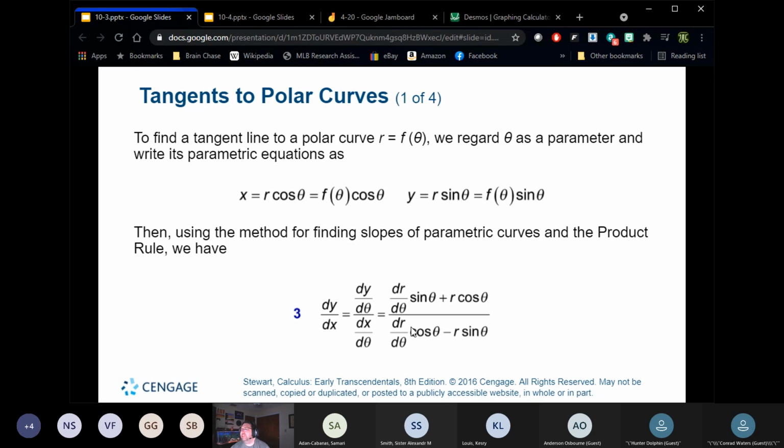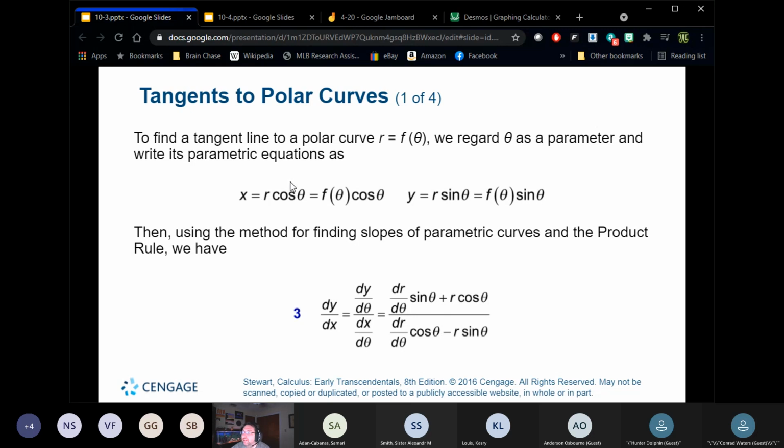So your function is dr d theta times sine theta plus r cosine theta on the top, and dr d theta times cosine theta minus r sine theta on the bottom. Notice the dr d theta is the same because we only have one function on the top and the bottom, but the other part changes. That's how you get your dy and your dx.